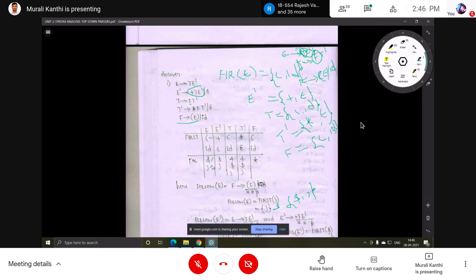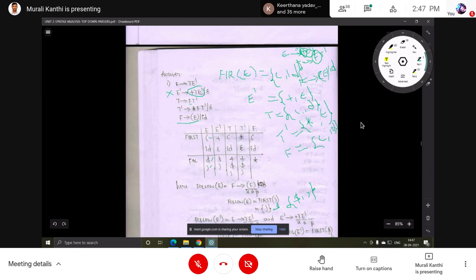Then next, E dash. For the follow of E dash, we do not consider the E dash production. We see the right hand side, which productions have E dash. If one is there, we consider that; if more than one, we consider all.